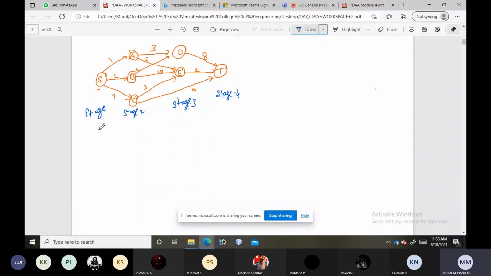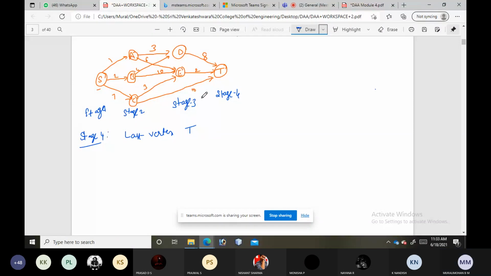Now, stage 4. We will try to solve this one. What is there in the stage 4? The last vertex is T. In stage 4, the last vertex we are having T. Clear?